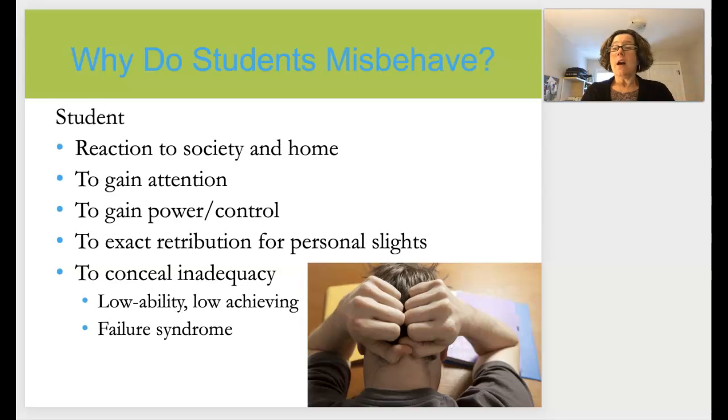Okay. Secondly, to gain attention. Again, going back to Maslow's hierarchy of needs, that belonging section, if they are not being fulfilled at home or in other areas of their lives, they will seek attention in any way.